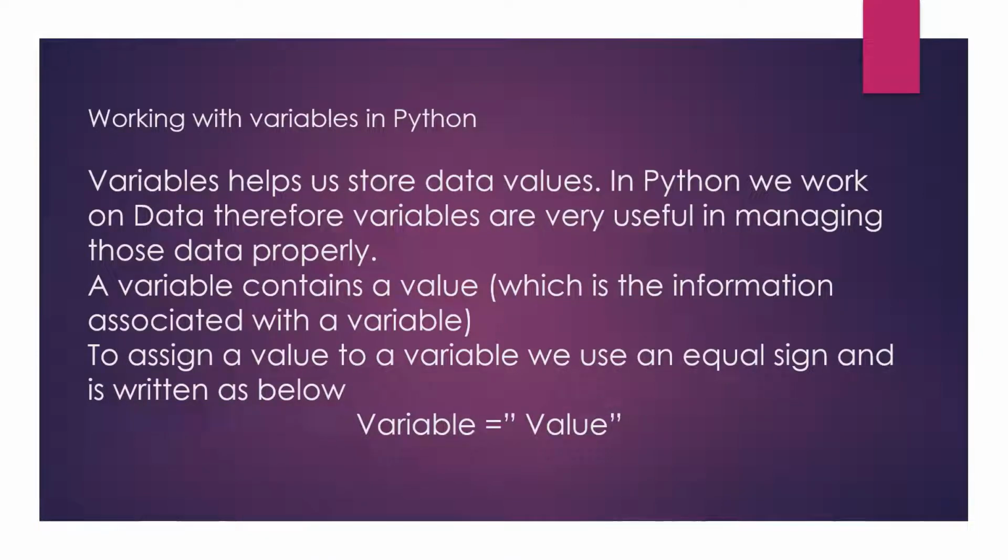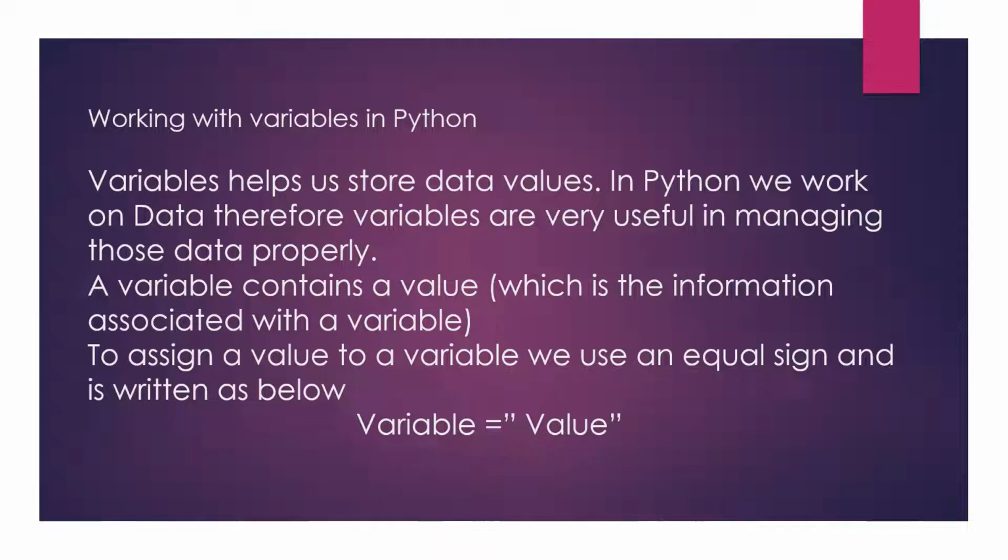It need not necessarily be a number. We'll see this later. So in order to assign a variable to a value or a string, we type the variable, give an equals to sign, and type the value which we want to assign to that variable. So let's see how we can do that.